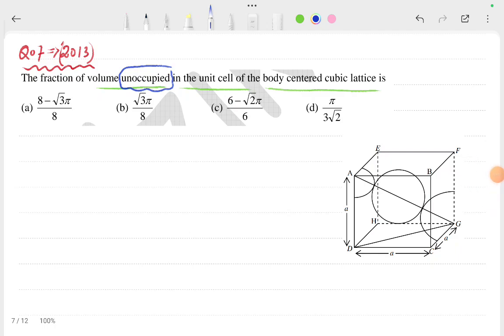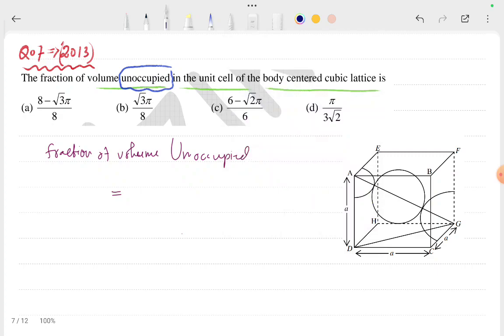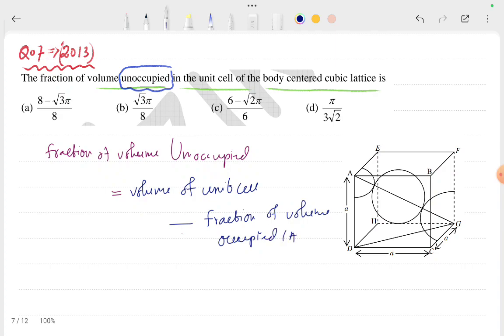Okay, the fraction of volume unoccupied is equal to the volume of the unit cell minus the fraction of volume occupied, that is called the atomic packing fraction.